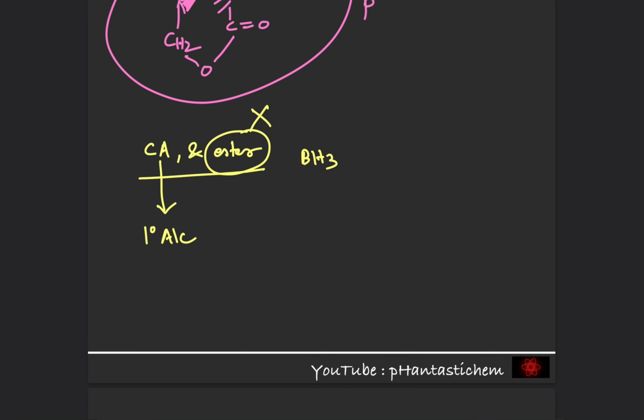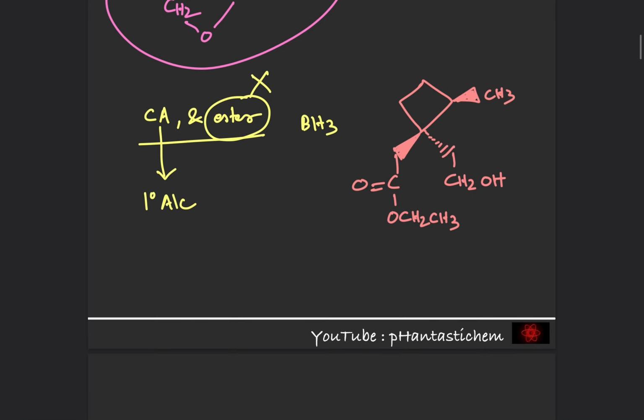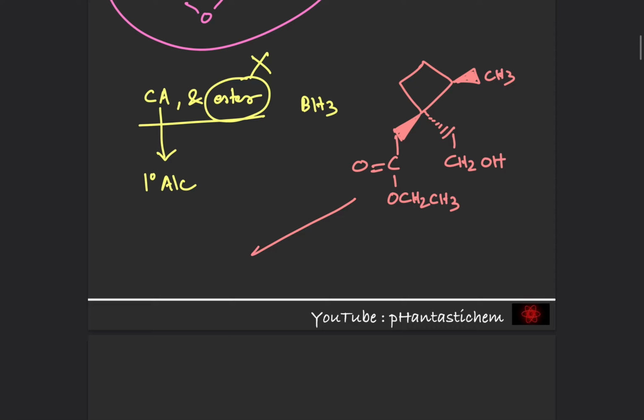Therefore, our original compound will be converted to CH3, C double bond O, O CH2 CH3, the ester group is intact. Then we have CH2OH.